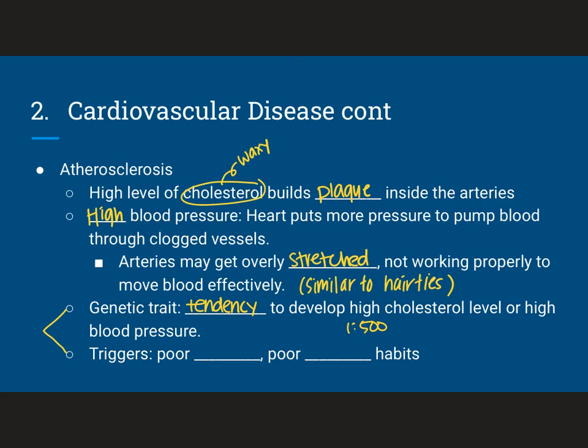Doesn't mean that everyone will develop high cholesterol, but it's pretty common. But then when you have environmental triggers, such as poor eating habits or poor exercise habits, you may trigger those genetic tendencies to develop something more severe and can develop into different diseases like cardiovascular disease.